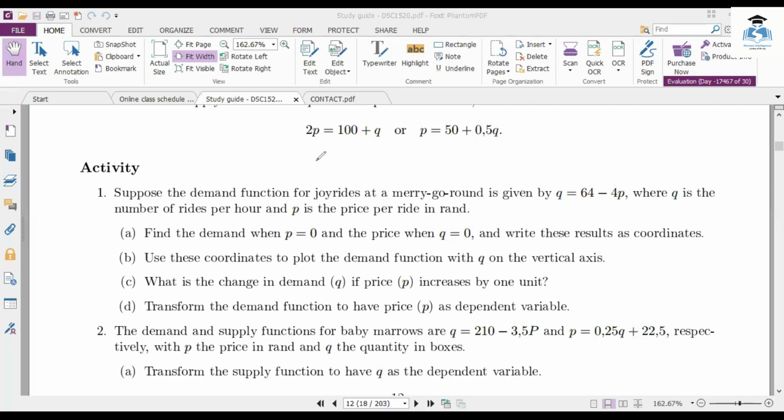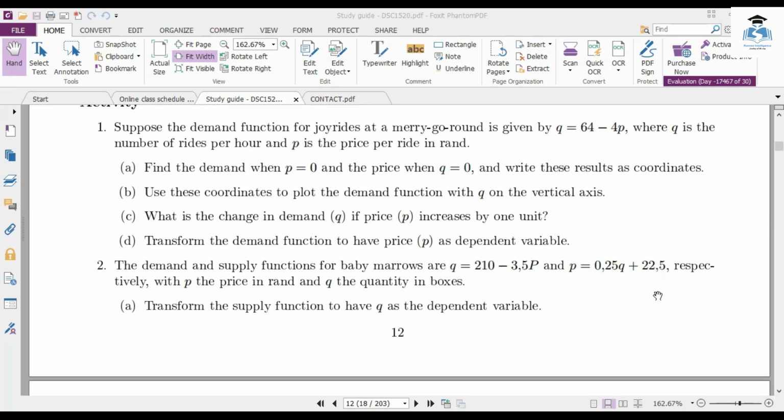But remember, your exam might be multiple choice, so you need to check whether your final answer Q over 4 is among the options provided, or whether it is 0.25.